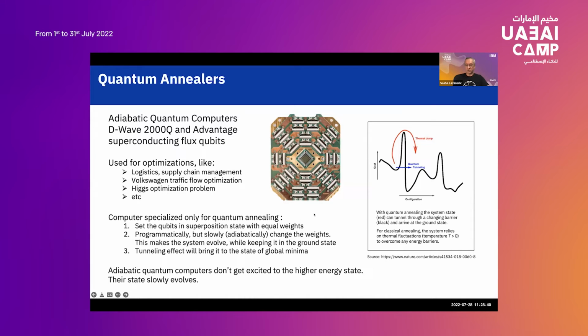There is a lot of experimentation. The problem is that researchers really don't agree on whether adiabatic quantum computers really provide quantum advantage compared to classical computers, like supercomputers.